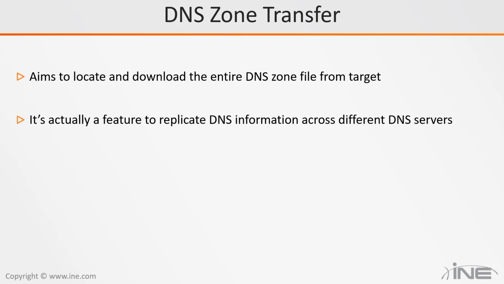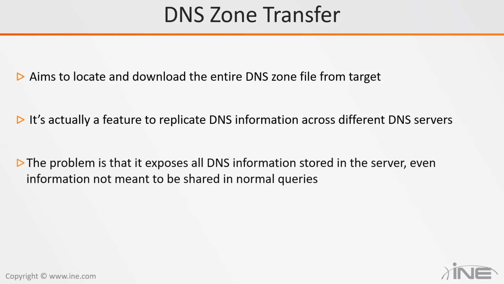So zone transfer is actually a feature aimed to replicate the DNS information across different DNS servers. It's a feature that needs to be restricted, in some cases disabled, to avoid hackers taking advantage of it.